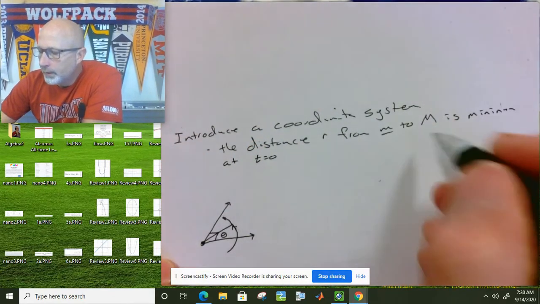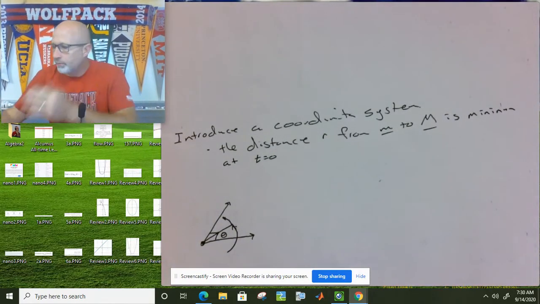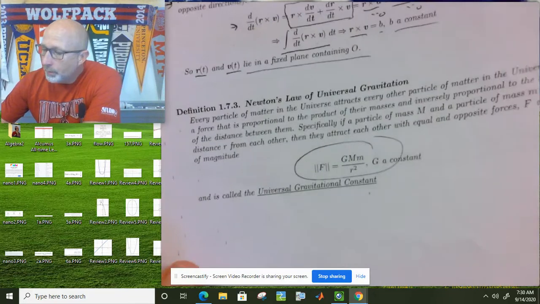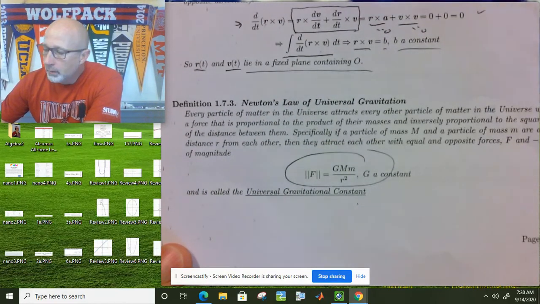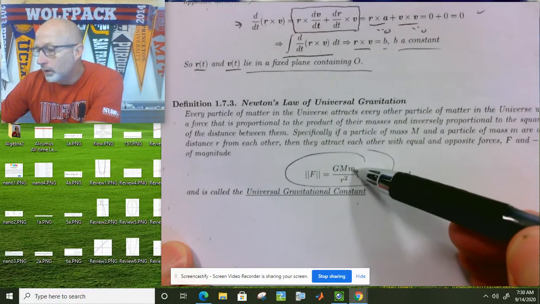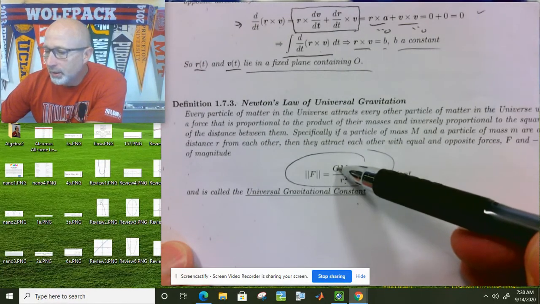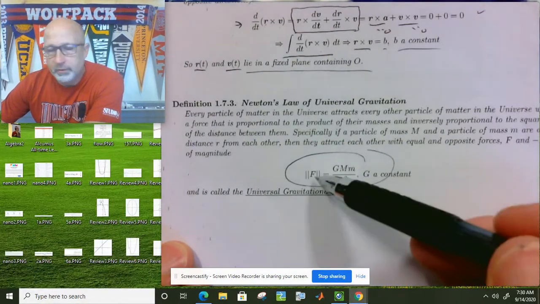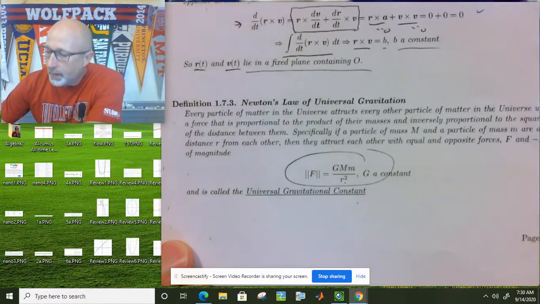Okay, so what is the m and the M? Last week we actually talked about this right before we left, and we came up with Newton's law of universal gravitation. So we had some sort of relationship here. m is the little mass, M is the big mass, r is the distance, G is the gravitational constant, and F is the magnitude of the force. So this is the relationship that we had last week.